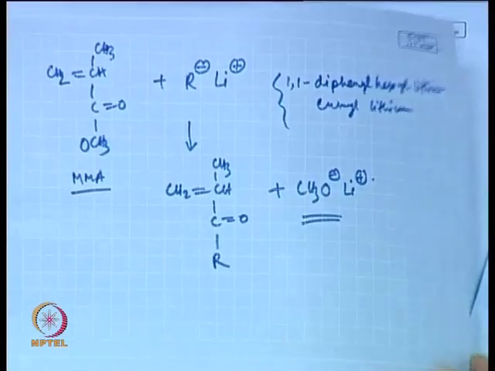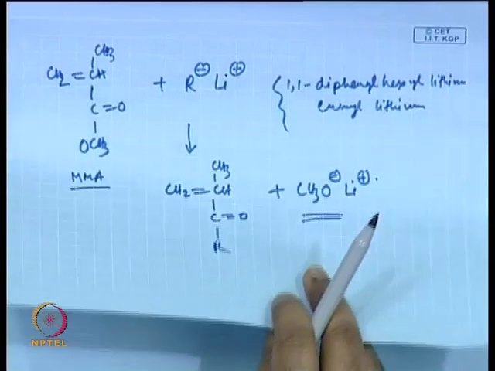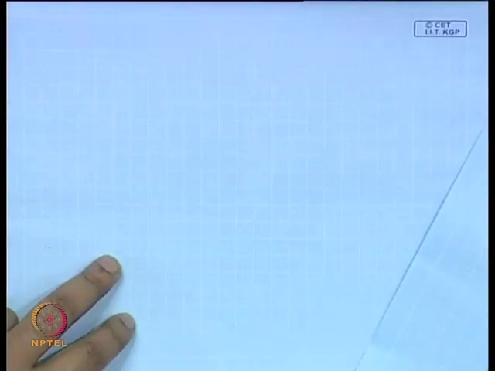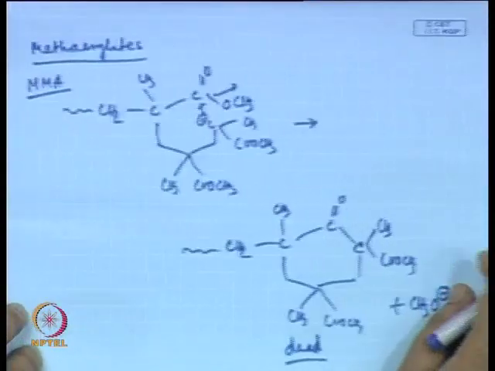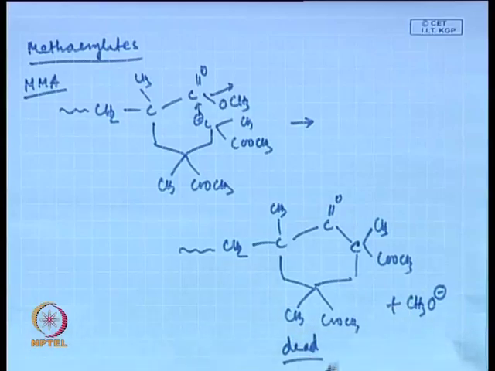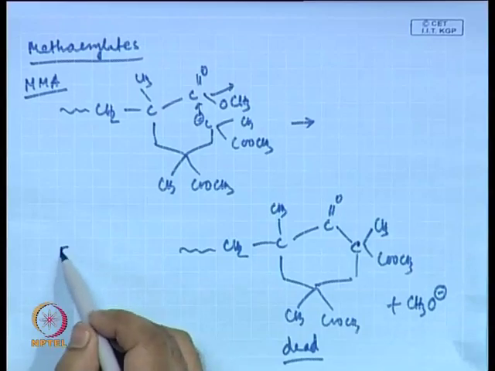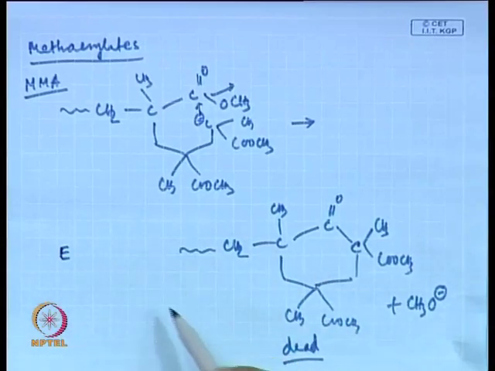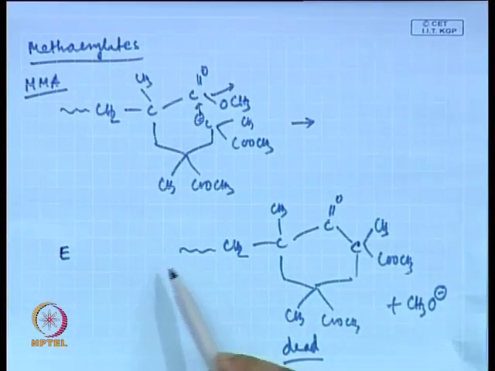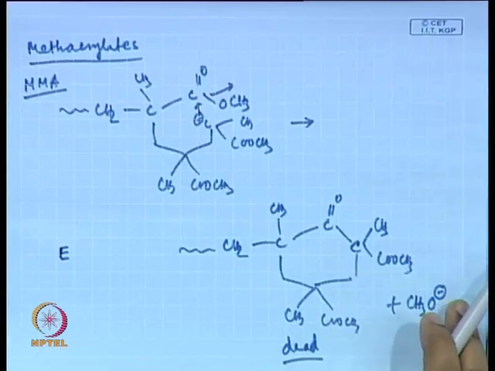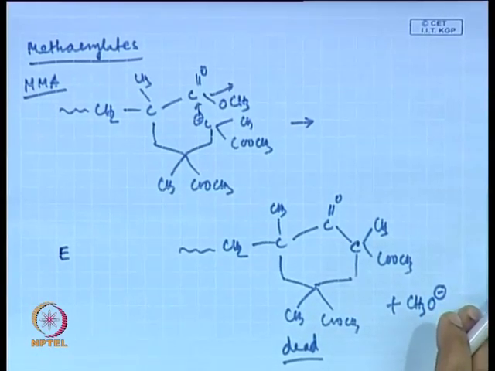If you think about the side reaction, that intramolecular cyclization reaction we just discussed here, fortunately, the activation energy for this reaction is higher compared to the normal propagation reaction. So, you can take advantage of that difference in activation energy and you can decrease the temperature.